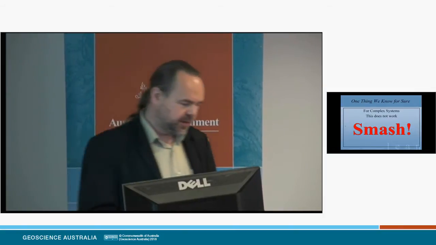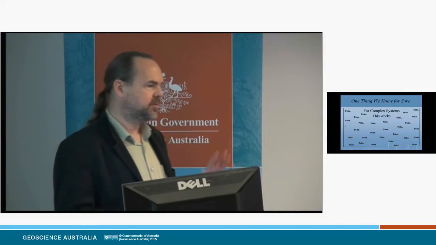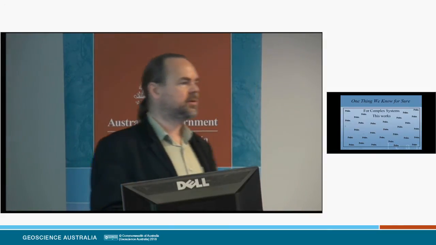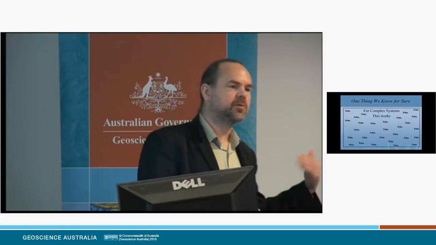A big smash is very, very difficult to recover from in a complex system, whereas small guided changes subject to testing and validation with the ability to roll back are far more stable. And this is the sort of wisdom of continuous delivery, that if you want to keep it stable, you make small changes in the right direction and make the next change guided by what you just saw.